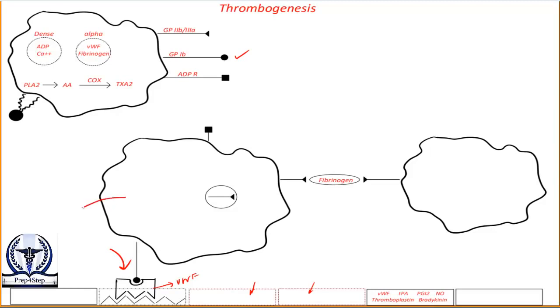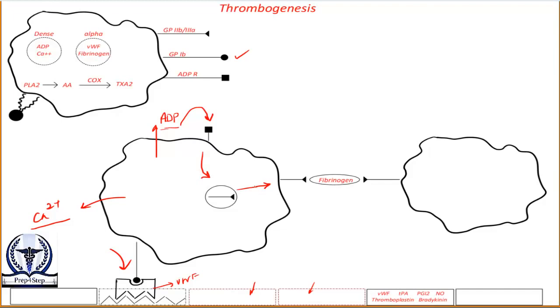The dense granules include calcium for one of them, and the calcium will help activate the coagulation cascade and allow the activation of all the coagulation factors. The next would be the ADP, or adenosine diphosphate. It also helps platelets to bind to the endothelial cells. Another thing it does is sit on its own receptor, the ADP receptor, and cause a conformational change in glycoprotein 2b3a and its expression on the platelet surface.